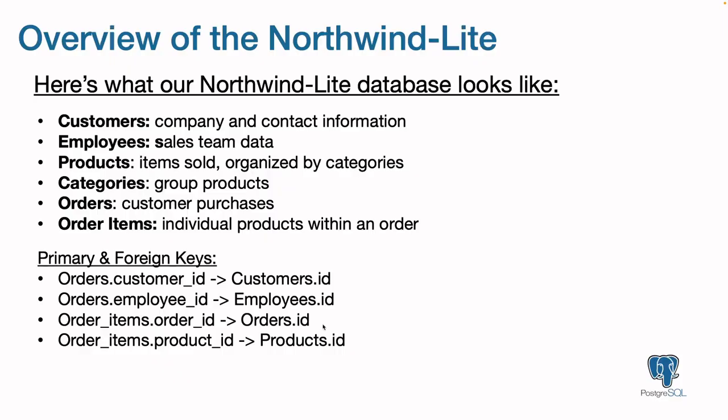Similarly, the orders table's primary key ID is a foreign key in the order items table. And finally, the products primary key ID is a foreign key in the order items table.